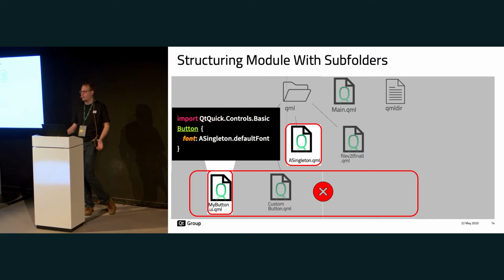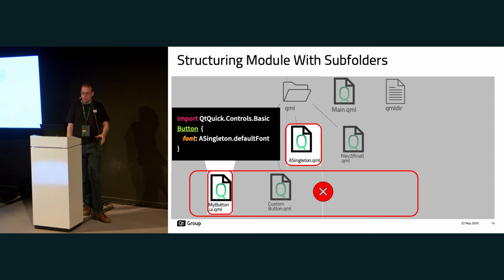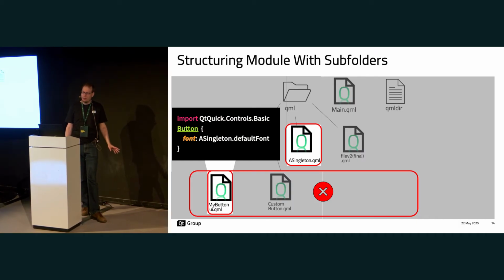We don't want to just dump everything into a folder. At least most of us. And so you might want to create some structure. You want to have a folder with all your QML files. And in that folder, you want to have buttons, like a subfolder with buttons. And when you do this, you might run into a slight issue.